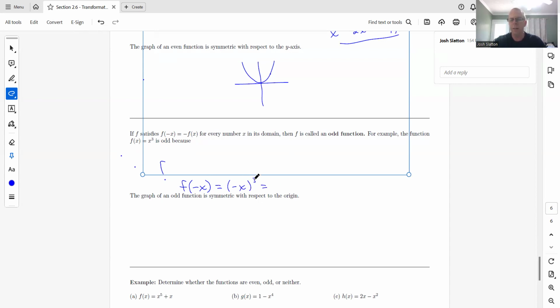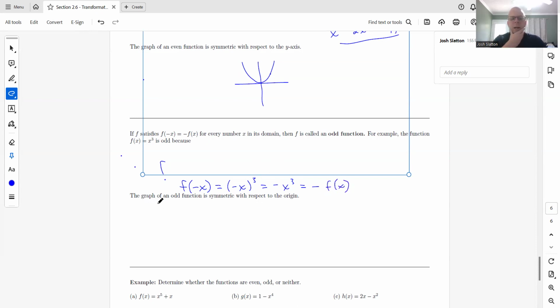Now, negative x cubed, the negative 1 cubed is still going to be negative. So this is negative x cubed without the parentheses. Like negative 2 cubed would be negative 8. So negative to the third power is still going to be negative. And our original function is x cubed. Now we have negative x cubed, so that is equal to negative f of x.